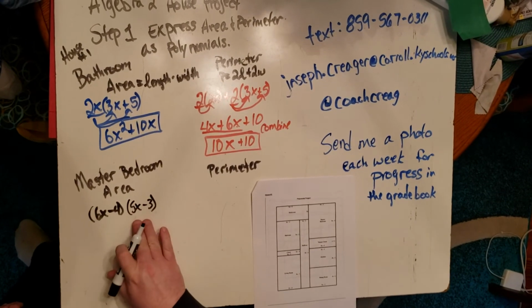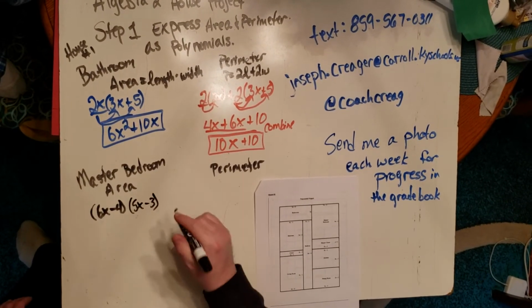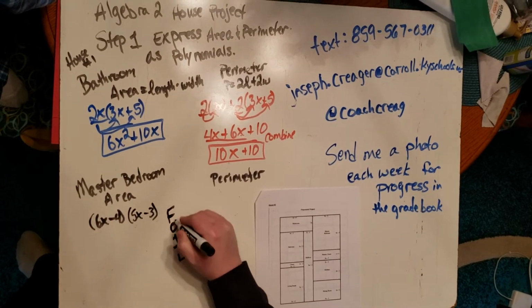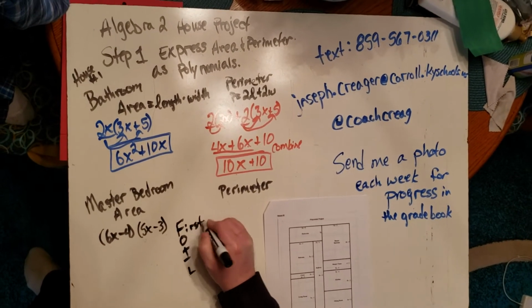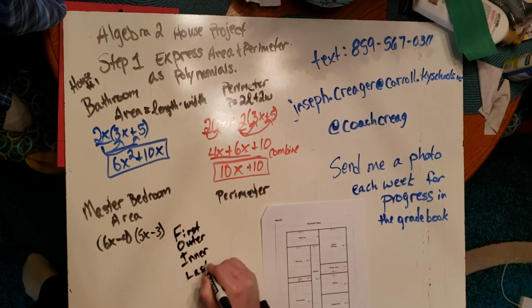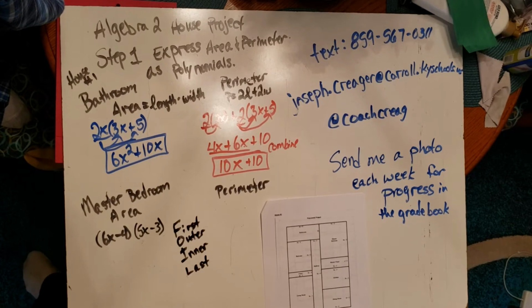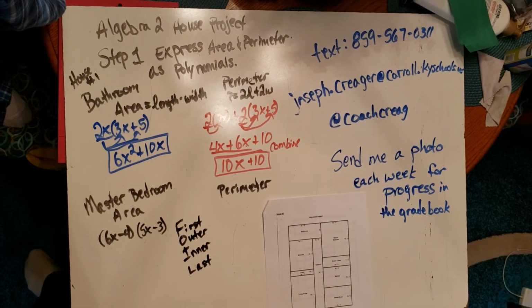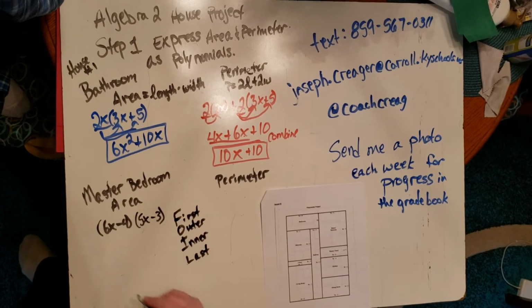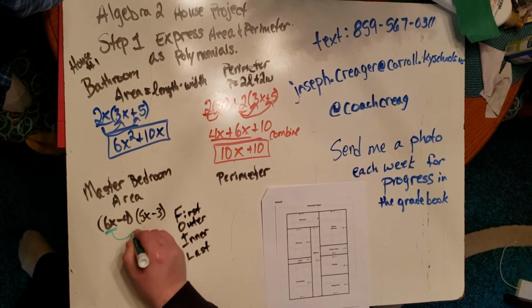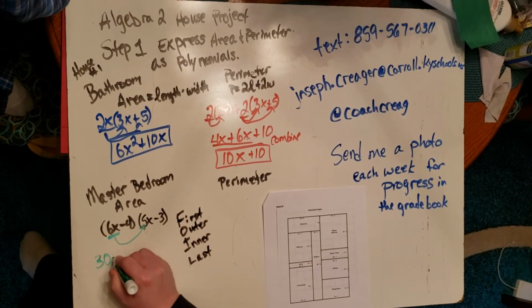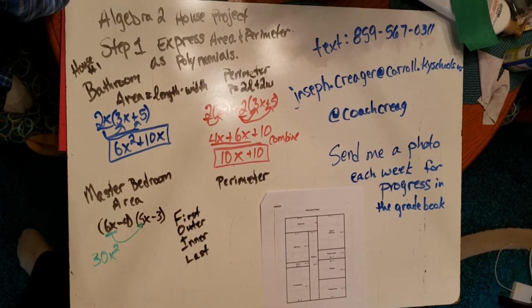For a binomial times a binomial, 2 terms times 2 terms, we're going to FOIL. So FOIL, remember, is first, outer, inner, and last. It's just a way to help us remember how to multiply these two binomials together. So my first terms, 6x and 5x. 6x times 5x is 30x squared.